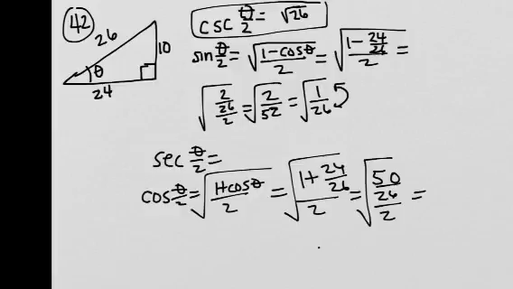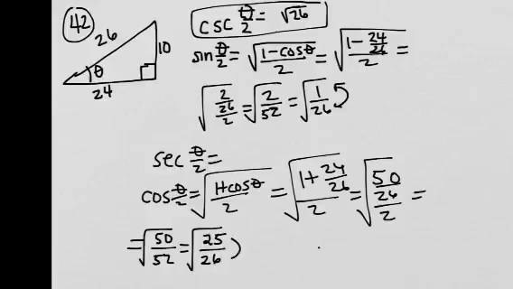So 50 over 52, which reduces to 25 over 26, take the square root, and we're going to do the reciprocal again, so I'm going to take the reciprocal of this fraction, right?